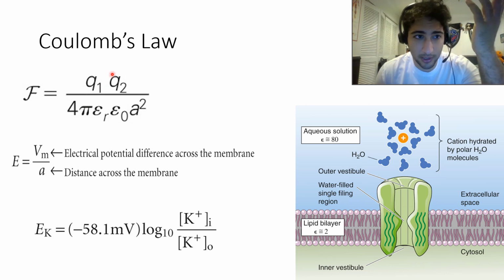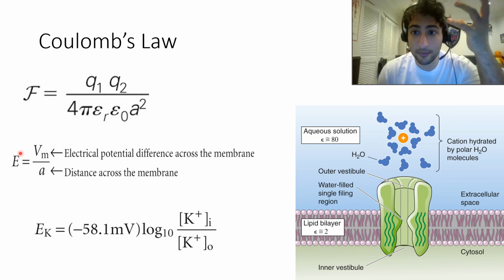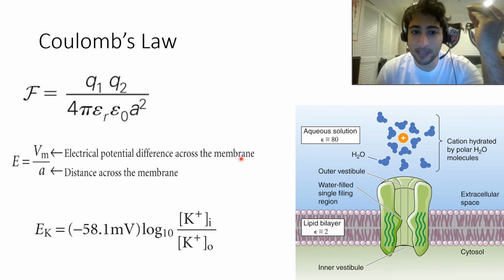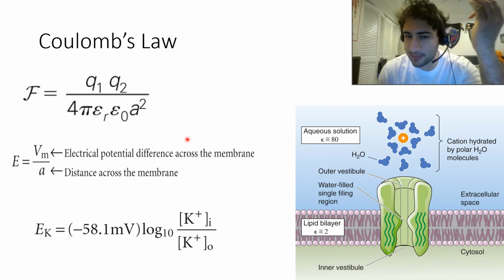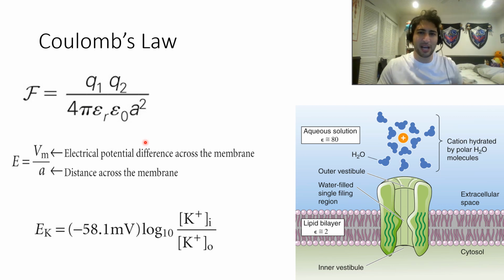So Coulomb's law states that charges exert electric forces on each other, and these electric forces participate in an electric field. For the purpose of physiology, the electric potential difference across the membrane is what we're most concerned with, because the distance across the membrane doesn't change too much. So in electrophysiology, we make the assumption that the lipid bilayer isn't changing while we make our calculations.